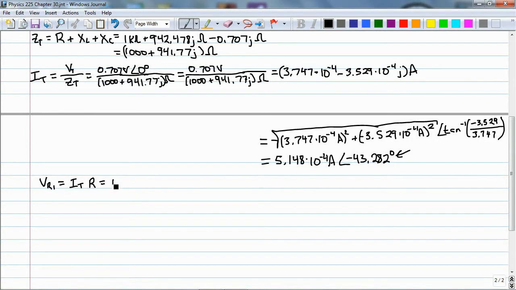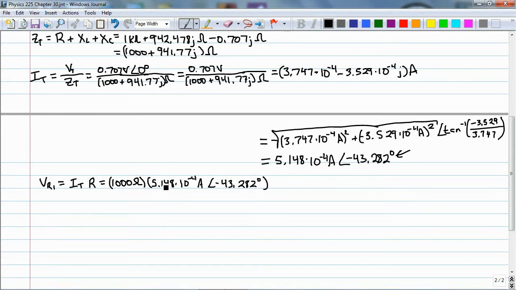So I can have 1000 ohms times 5.148 times 10 to the minus fourth amps at an angle of negative 43.282 degrees.